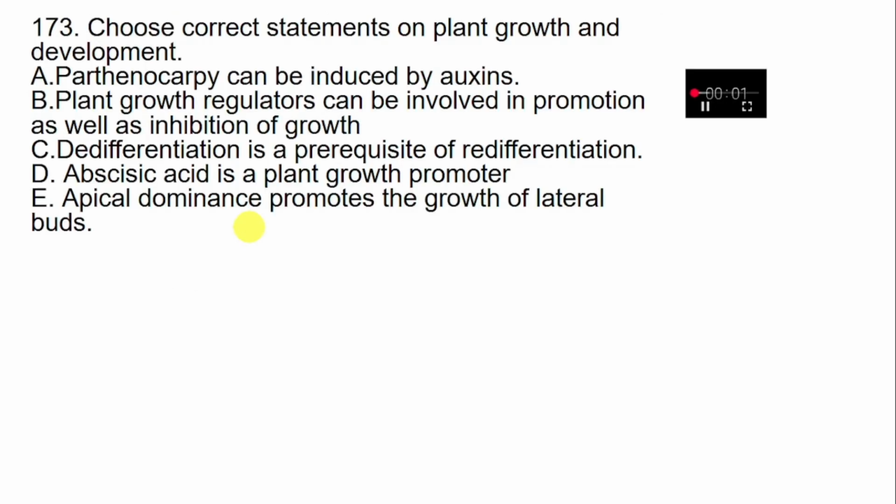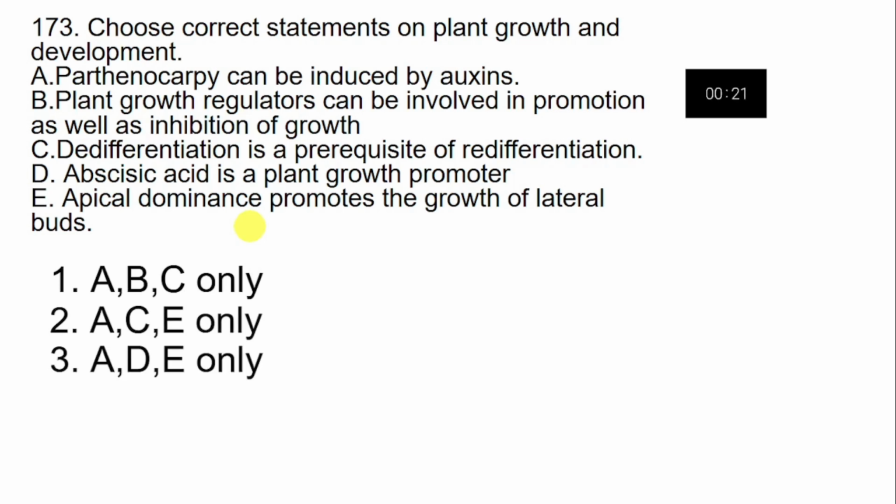Next one. Choose correct statement on plant growth and development. Parthenocarpy can be induced by auxin. Yes, this is a direct statement. Usually the phytohormone questions are verbatim questions. They are picked directly from NCERT. So this is the statement on auxin. A is correct. A is in 1, 2, 3.